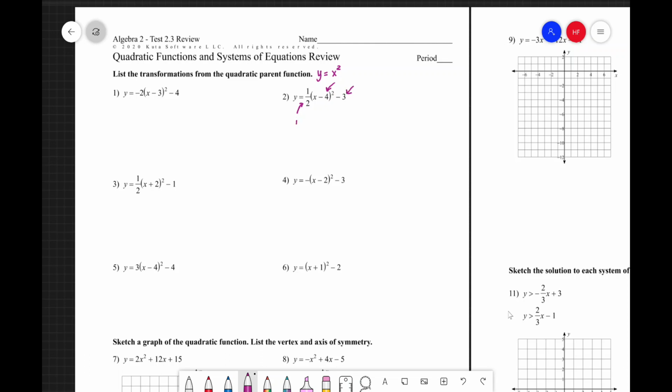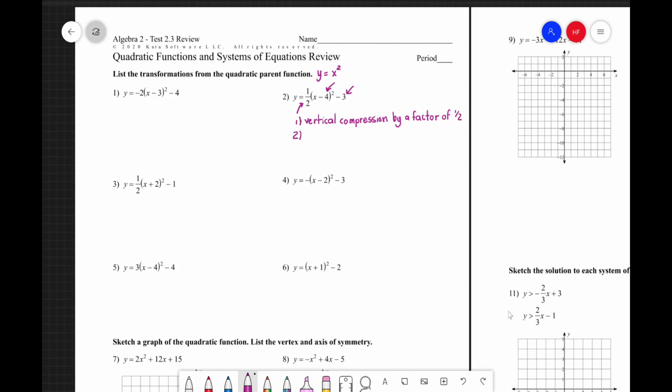So my first transformation is that 1/2, a fraction, makes my graph wider, so that's a vertical compression by a factor of 1/2.